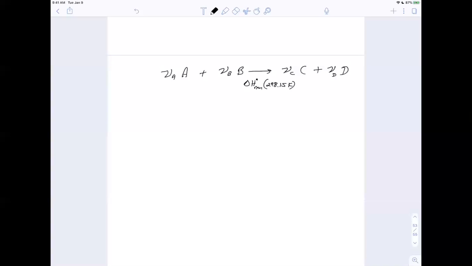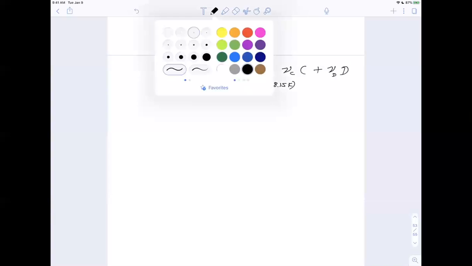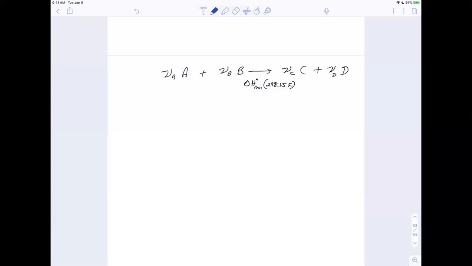Okay, and so we're going to create a little reservoir, if you will. So I'm going to put a little reservoir here. It's artificial; we can play these kinds of tricks in thermodynamics. So we're going to create a reservoir of elements.